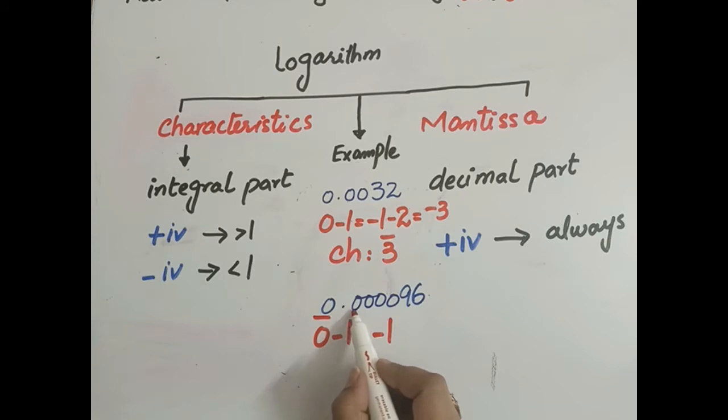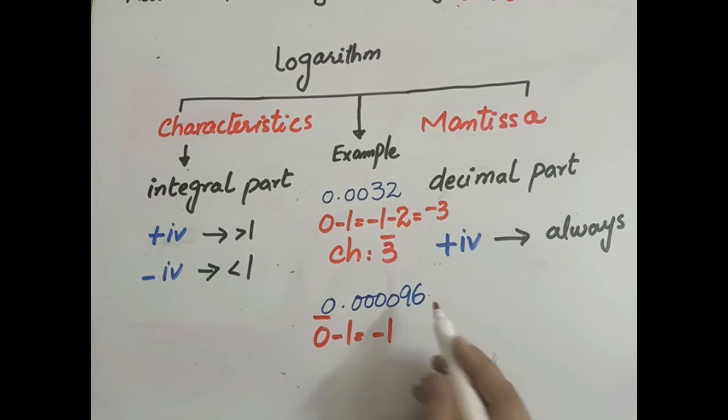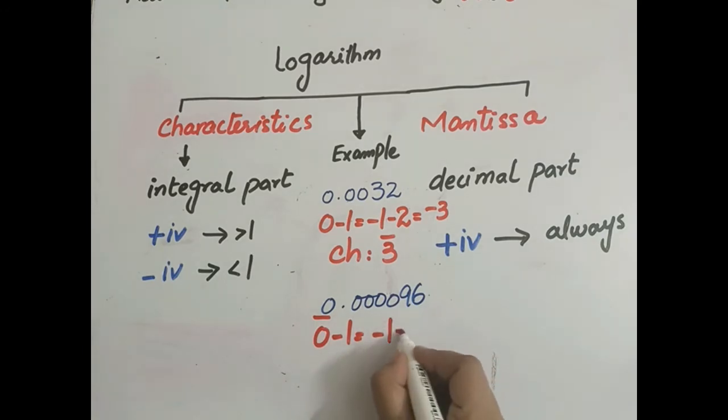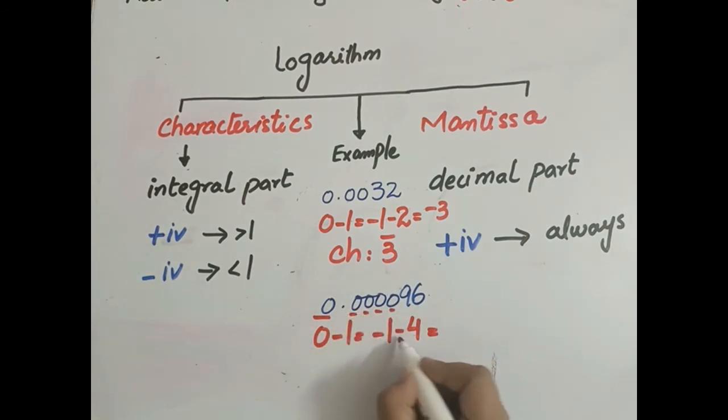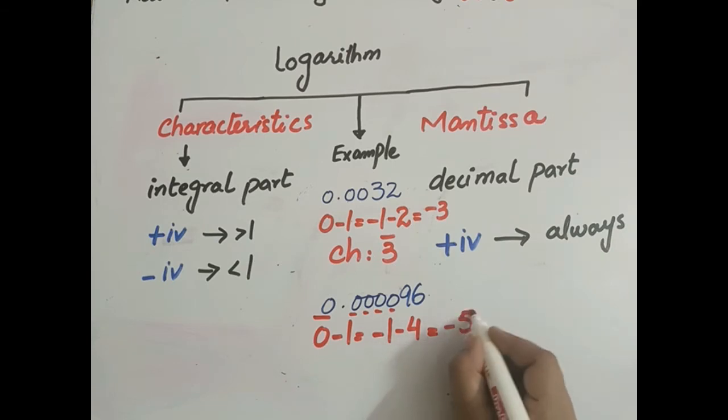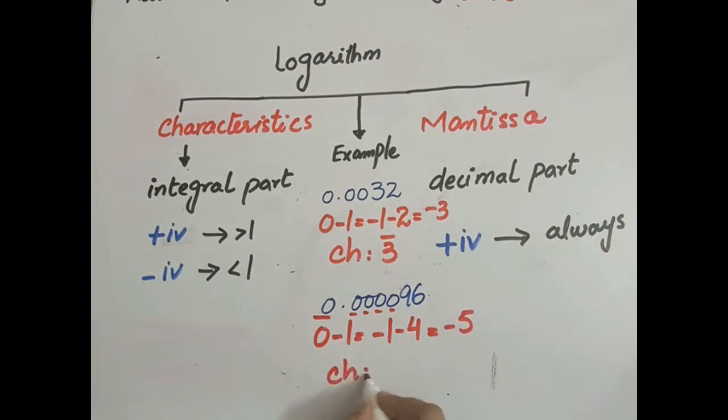Rather, there are 4 zeros in between the digits and the point. So I have to subtract 4 as well from it. There are 4 zeros: 1, 2, 3, 4. So the answer is -5. Hence the characteristic of this number is 5 bar.